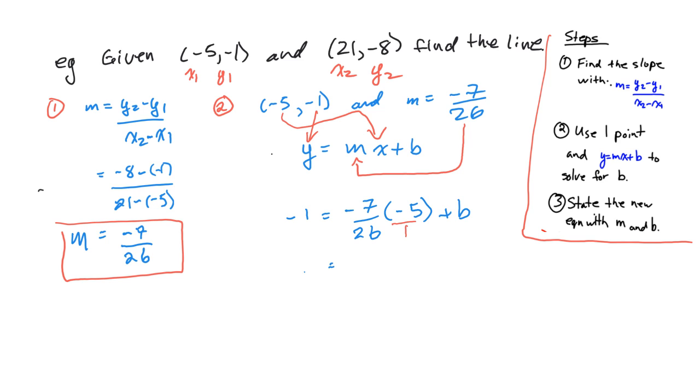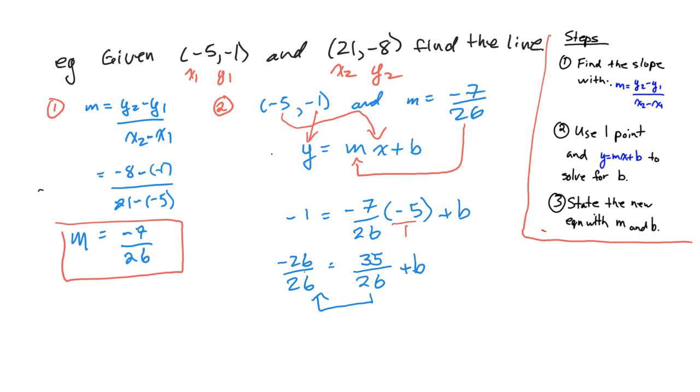We bring the -7 and the -5 together and we get positive 35 over 26, plus b on the right side is equal to, instead of -1, let's change that to -26 over 26. And so now when we take our 35 and move it over here, it becomes -35 over 26.